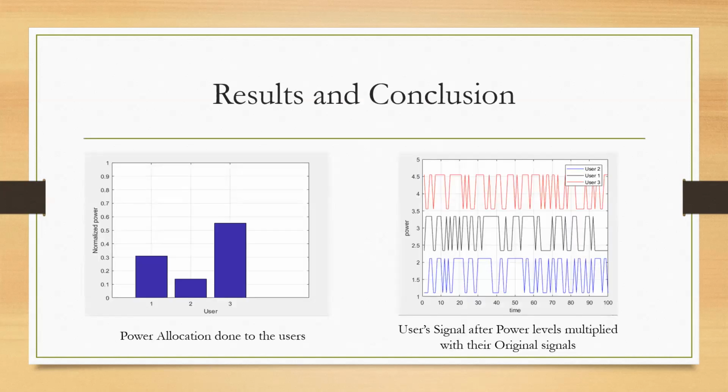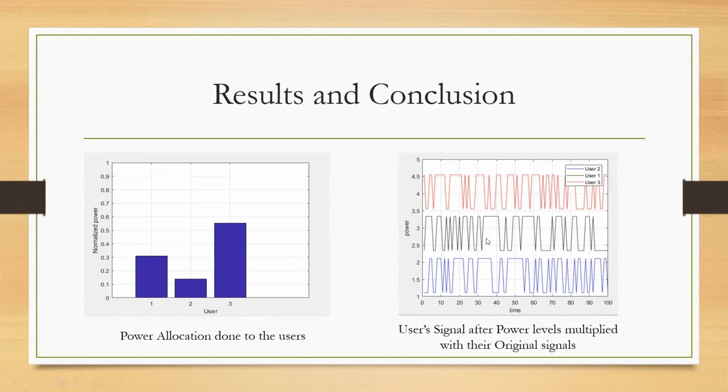So here are some of the graphical representations of the results that we got. In this picture, there were three randomly generated users which had their powers allocated. If you see, the power levels of these three are allocated such that they won't interfere with each other's data, and they are not so far apart that we waste the energy of this particular channel.